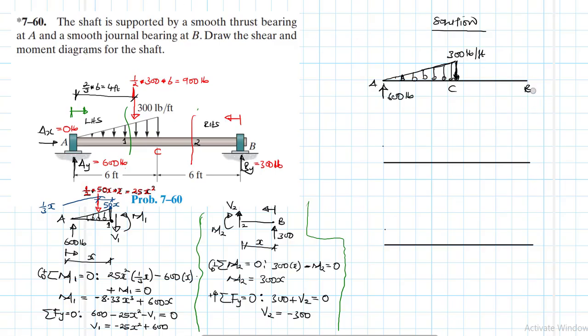And then we have another reaction at B, which is equal to 300 pounds. Right. Okay. And this is the shear force diagram, and this is the bending moment diagram. Positive, negative, positive, negative. This point here is 0 and this is 0.